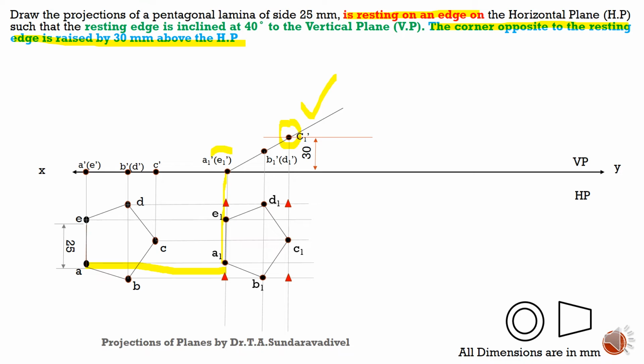Edge means 2 points are touching HP. So it means that the lamina is resting on an edge on HP and the corner opposite to the resting edge is raised 30 mm above HP. So these 2 conditions we have solved. Only one condition we have not solved.